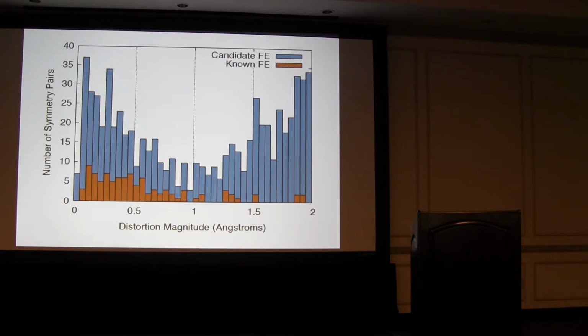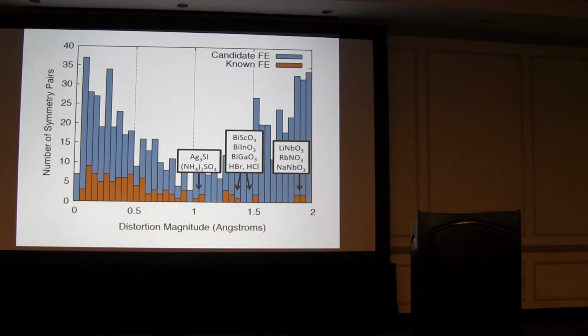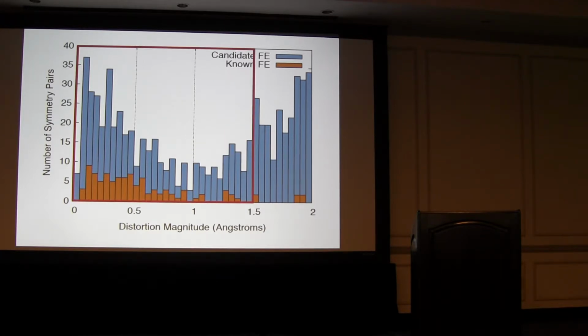We also find a dip around 1 angstrom. And surprisingly, we also find that there are many non-ferroelectrics that have a rather large distortion magnitude, even close to 2. But for this talk, just as a first attempt, we are going to work in this portion of the diagram.